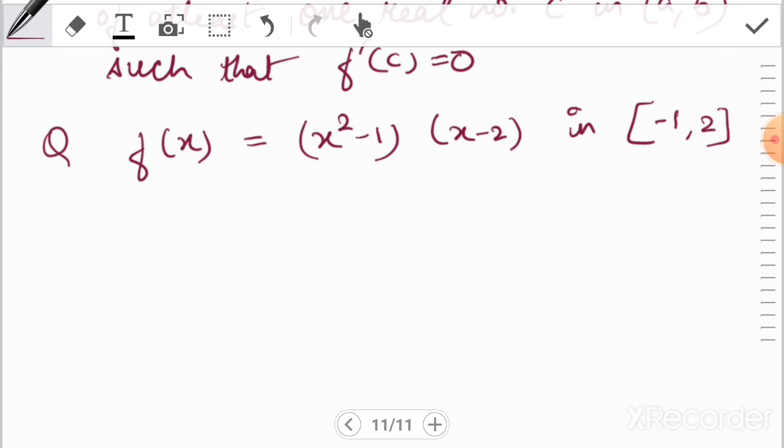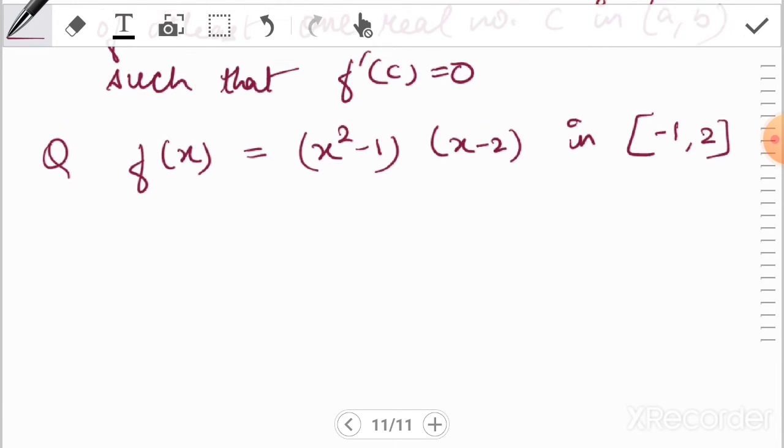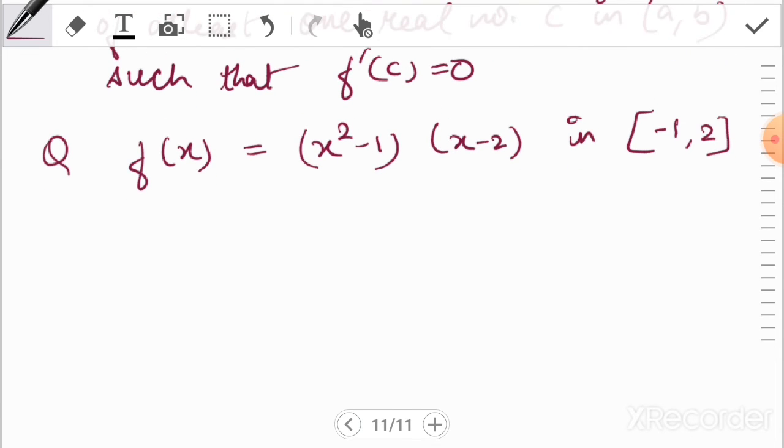Second, if f(x) is a polynomial function, it is derivable, right? Next, check the condition: f(-1) is 0, and f(2) is (4 minus 1) into 0. So all three conditions for Rolle's theorem are satisfied.